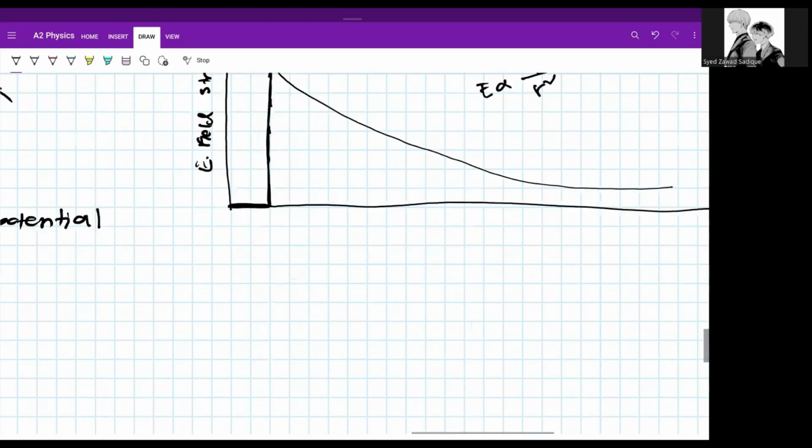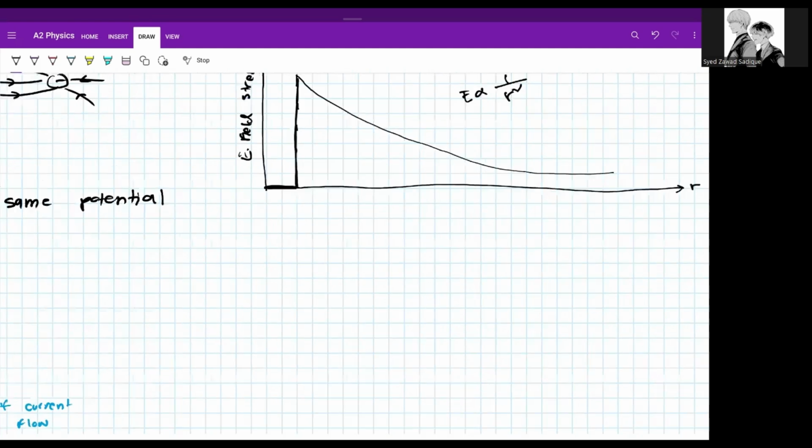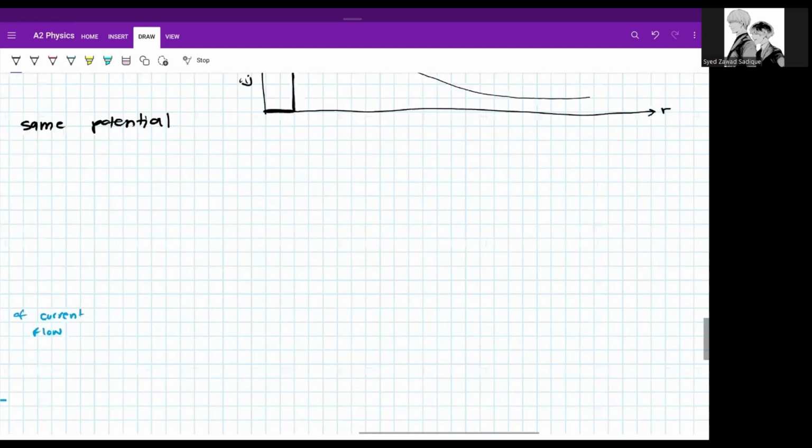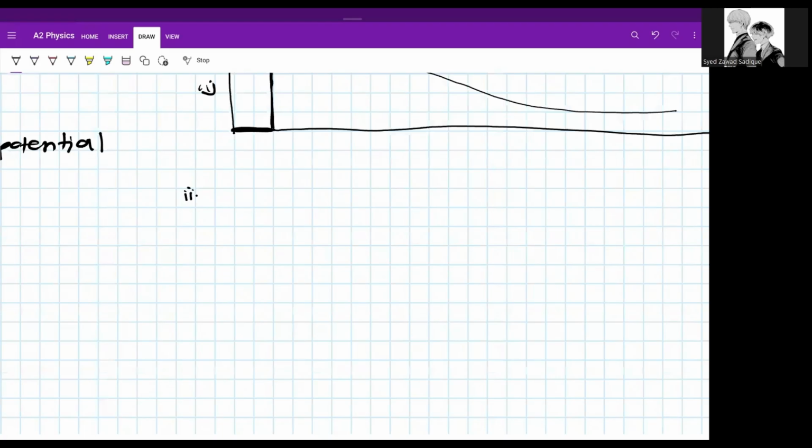Now, for concept 2, we delve a bit deeper. What we look at is the graphs between two charged solid spheres.